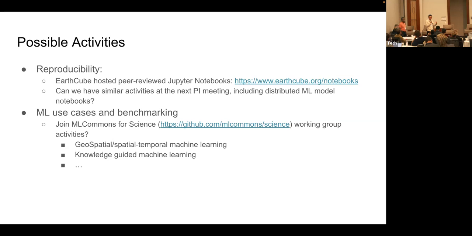If we can combine our efforts with their efforts, we can propose slightly different new use cases. For example, we have many DSC and institutes working on geospatial data. Maybe we can do spatial temporal learning and geospatial. Can we find a use case for it? The whole working group could look at it together with Common for Science.